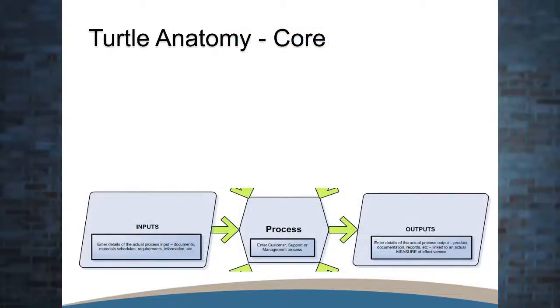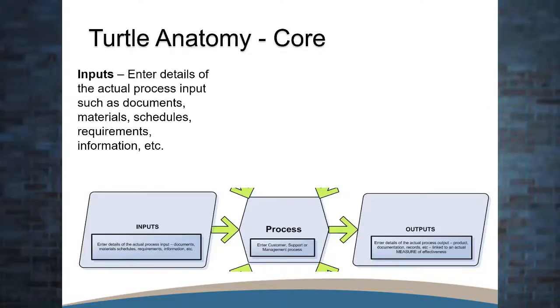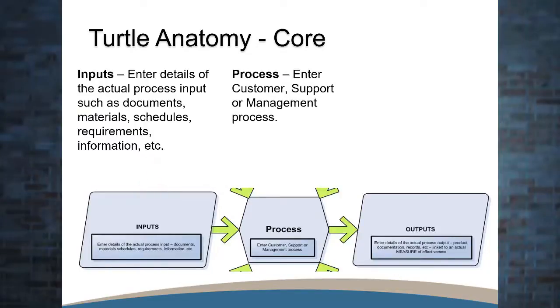So the core of the turtle diagram are these three shapes here: your inputs, process, and outputs. The inputs, here you enter details of the actual process inputs, such as documents, materials, schedules, requirements, information, etc. In the middle, this is the process itself, so enter customer support or management process.